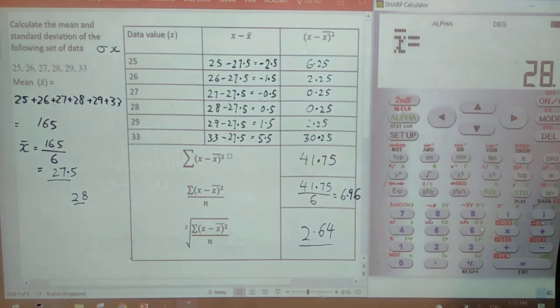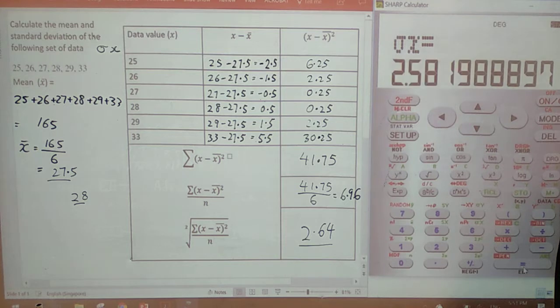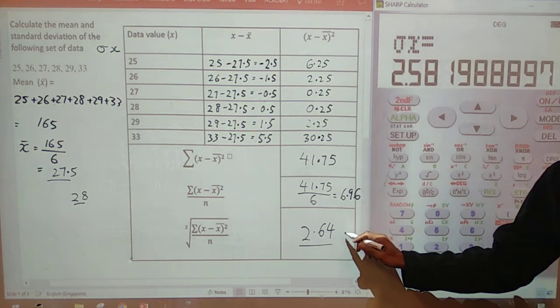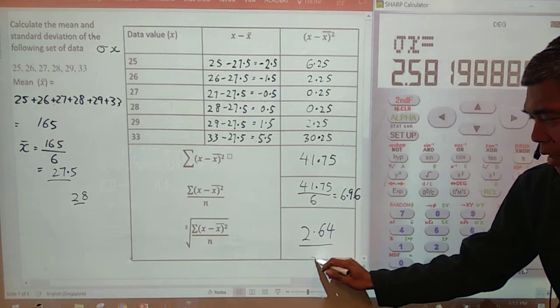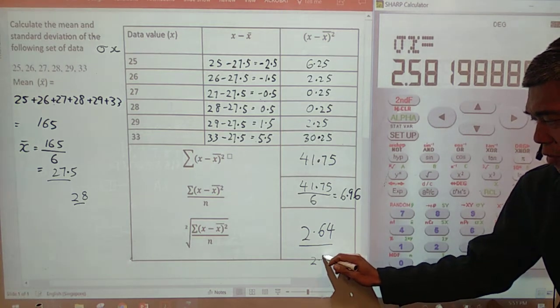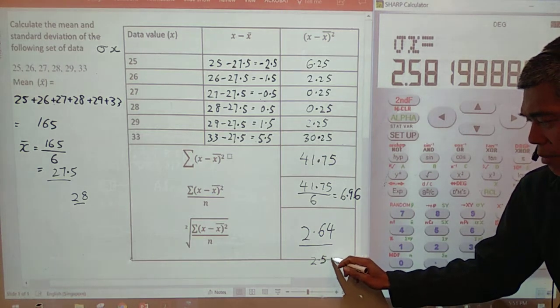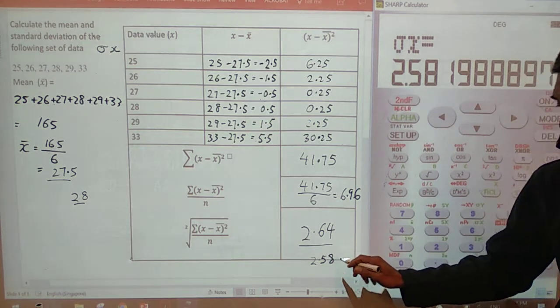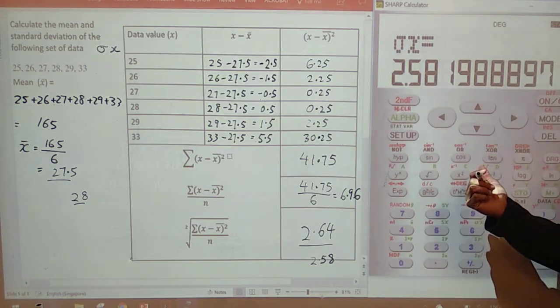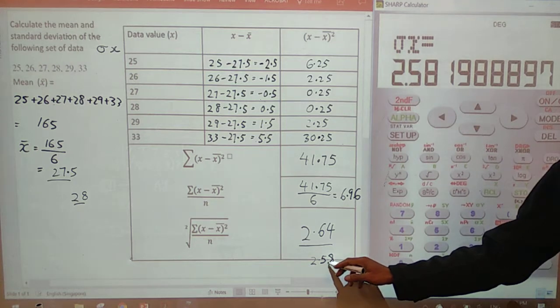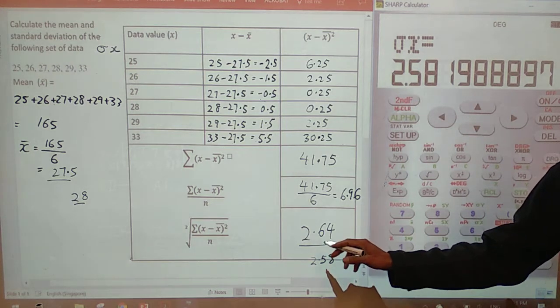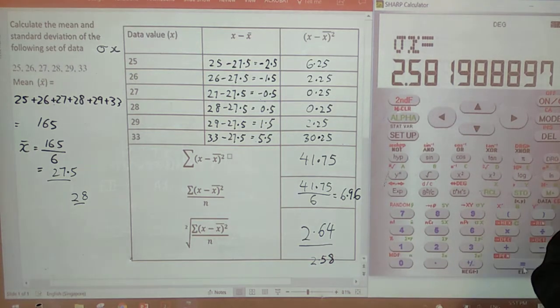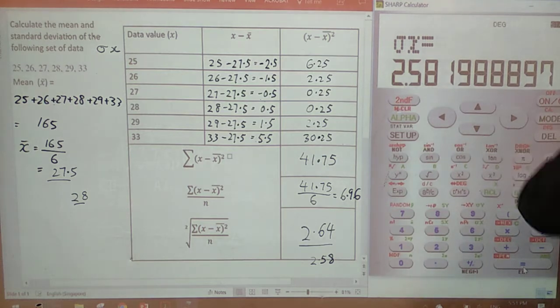So there we go. 2.58. So I could have made a mistake with the mean, and that has meant a difference between the calculated value for the standard deviation and the one that I manually calculated. Let's take a look and see if I've made some mistakes here.